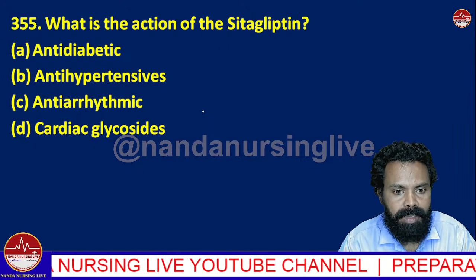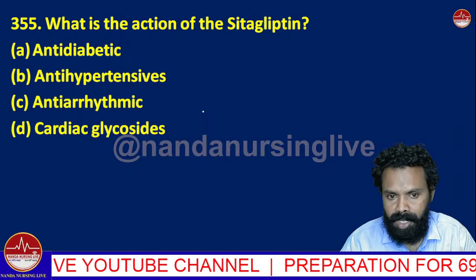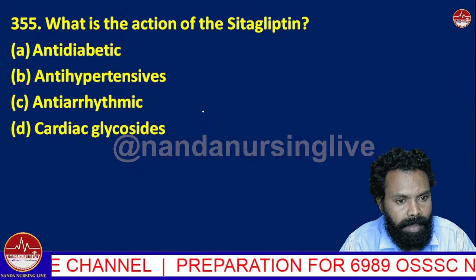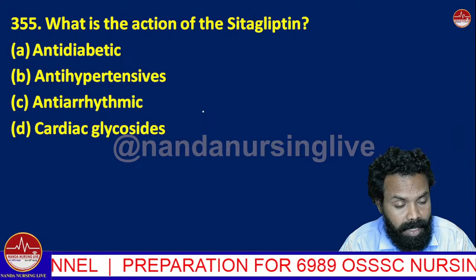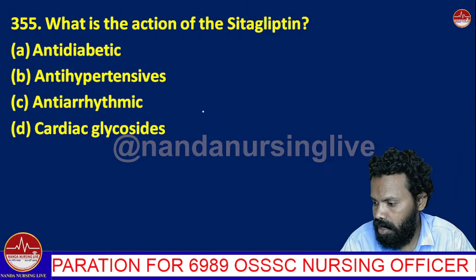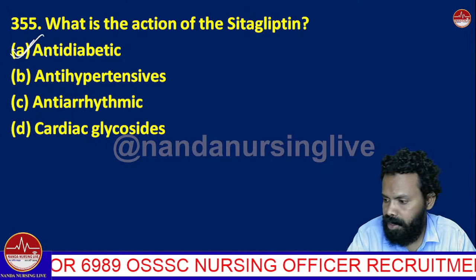Next question number 355. What is the action of sitagliptin? Option A anti-diabetic, option B anti-hypertensive, option C anti-arrhythmics, option D cardiac glycoside. So which option is the correct answer? Correct answer is option A, anti-diabetic.